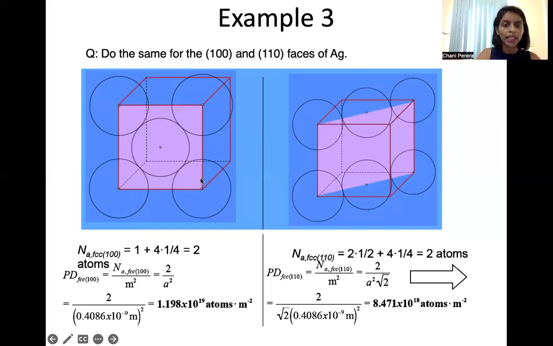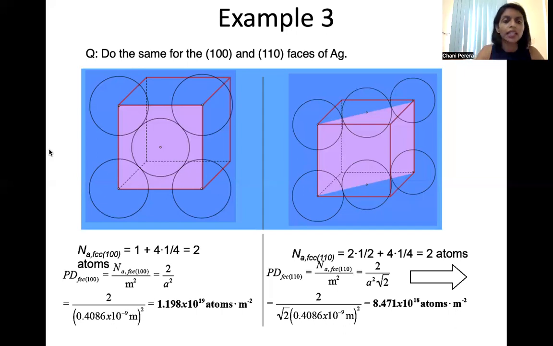First you have to find the area, and the unit length is A for the unit cell. This is a square, so all you have to do is multiply the width with the length, that is A squared. Then you have to find how many atoms are going to be inside that plane.